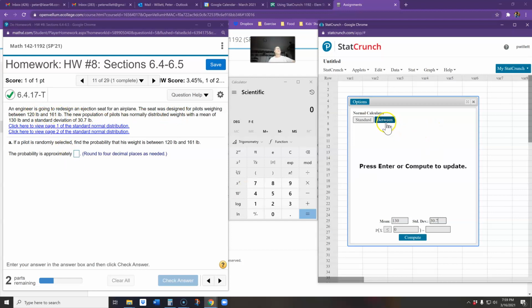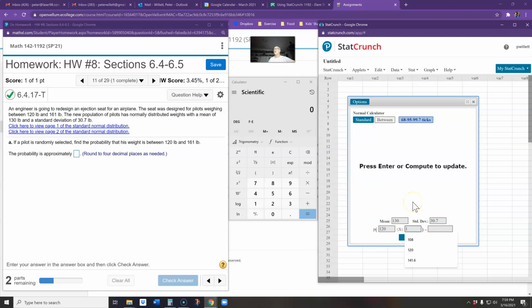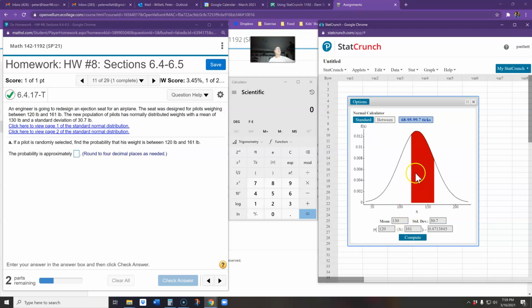So I'm going to switch over to the between version of the calculator and give a lower value of 120 and an upper value of 161. Then the normal calculator will show us the graph, and it'll show us the region under the density curve, and it shows us that there's about a 47% chance of a randomly chosen member of the population being in that range when the population has a mean of 130 and a standard deviation of 30.7.